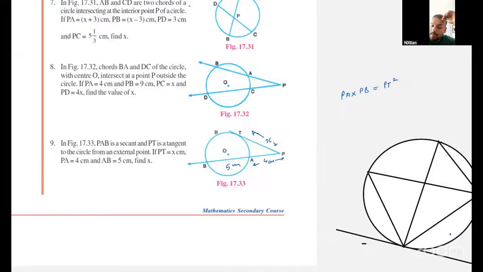PA is 4, PB is 9, so 36 equals PT square. PT is root of 36, so PT is 6. So the answer is 6.